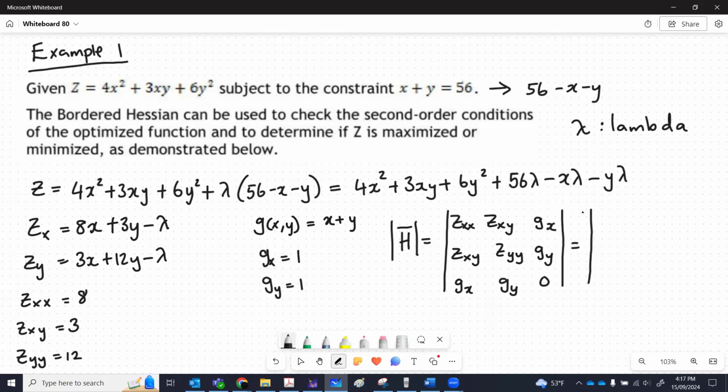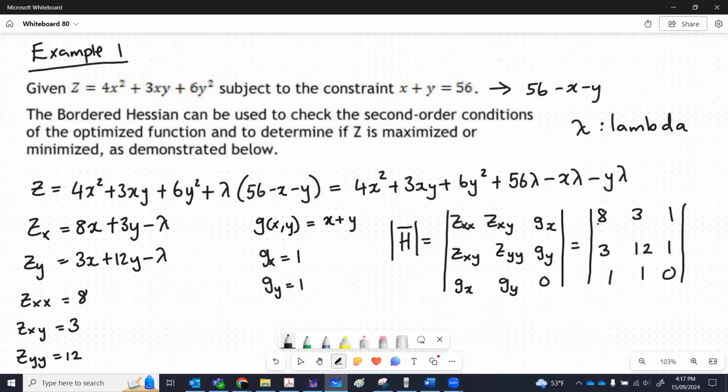So zxx, this is 8. Here we have 3. Here we have 1. Here we have 3. We have 12. We have 1, 1, 1, and then we have 0.